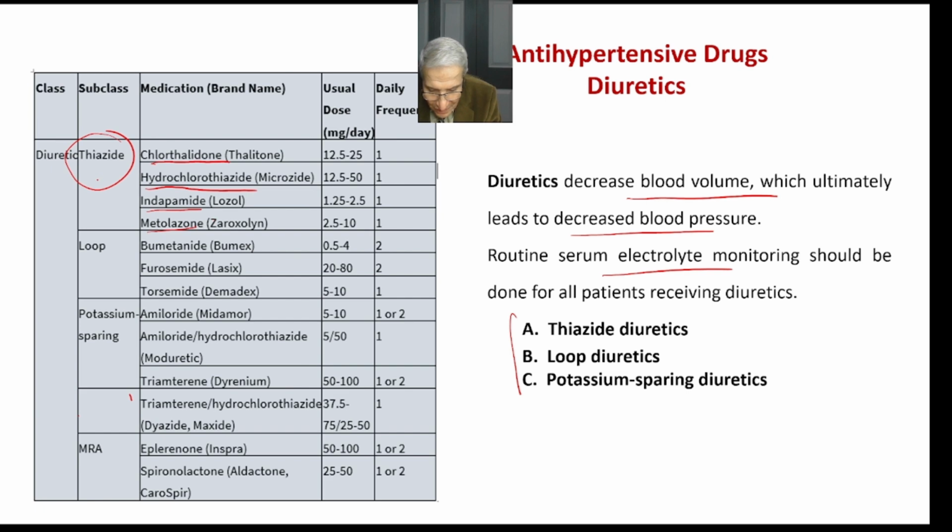All these are thiazide diuretics, and we have the usual dose and frequency, how often we use it per day. Loop diuretic, we have furosemide, Lasix, bumetanide, Bumex.